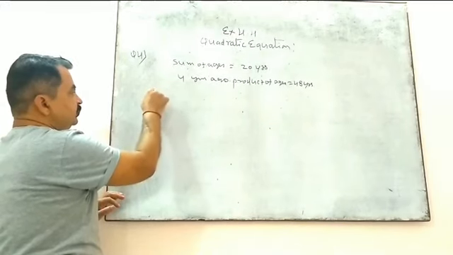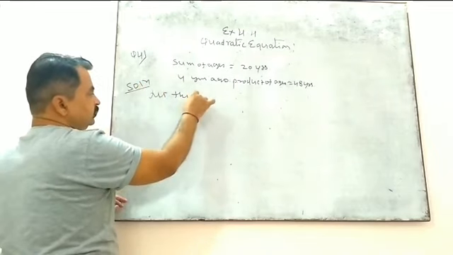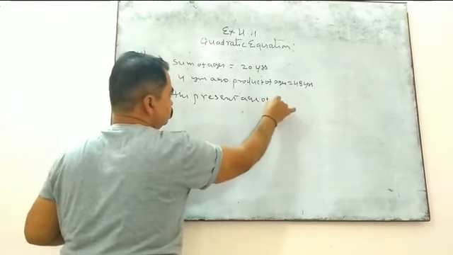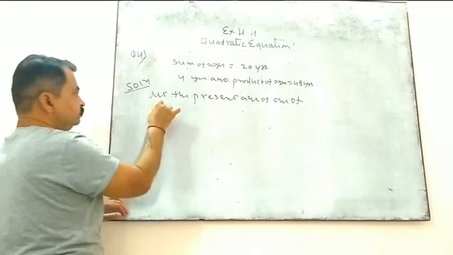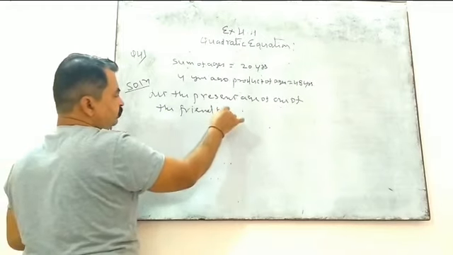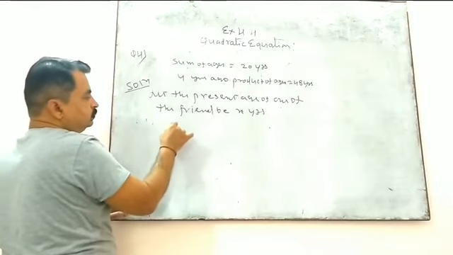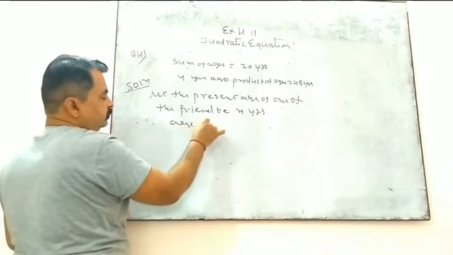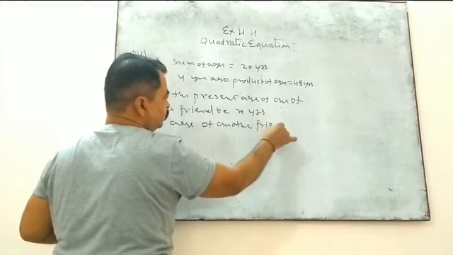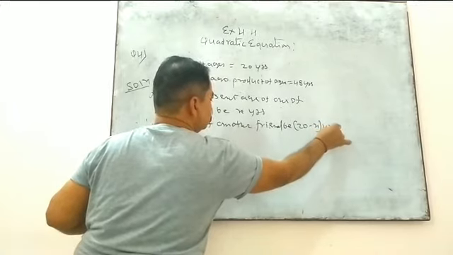So how do we start? Solution part: let the present age of one of the friends be x years, therefore the age of the other friend be 20 minus x years, because the sum is given as 20.